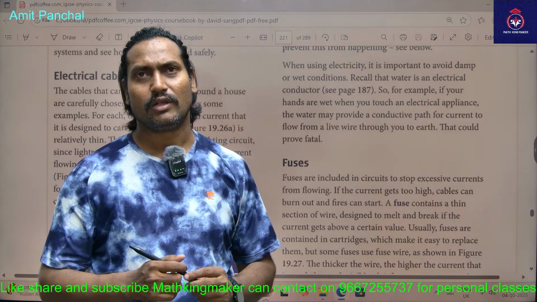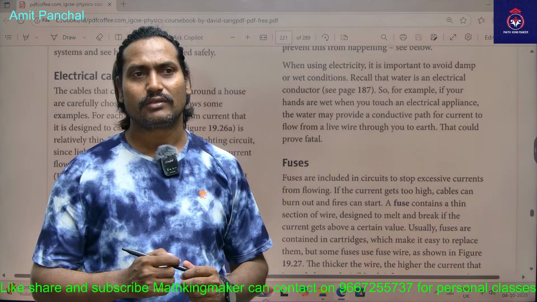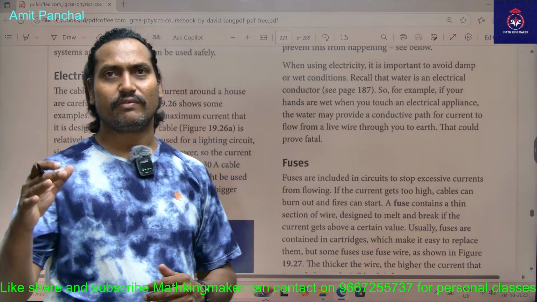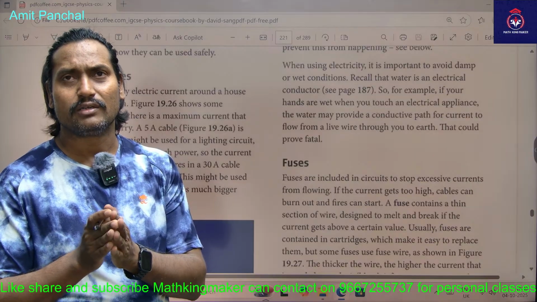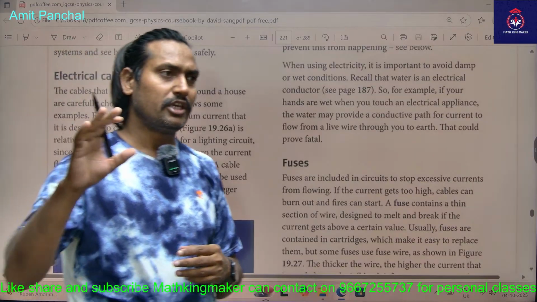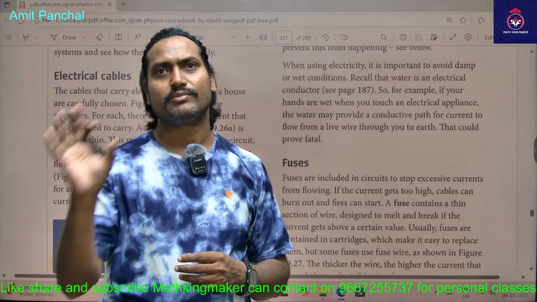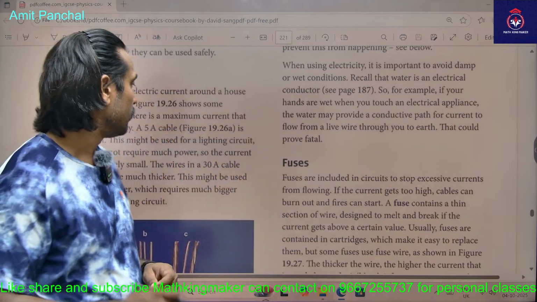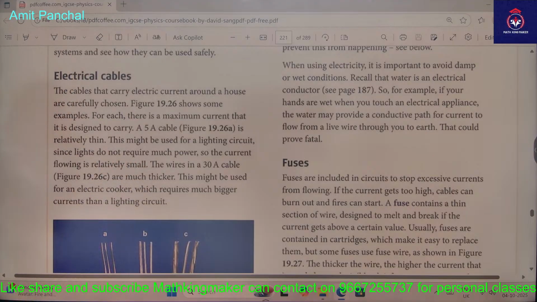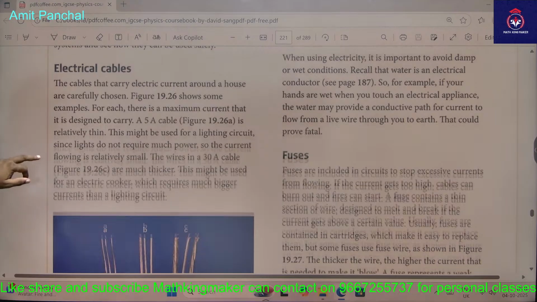But why? You have a 5 amp wire, but your equipment is using 15 amps. Yes, then it will burn. So you must use the appropriate wire, first thing.